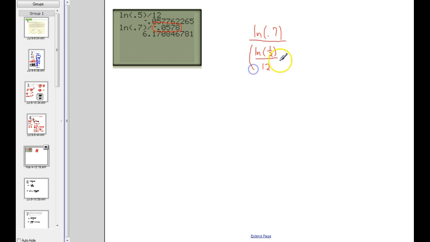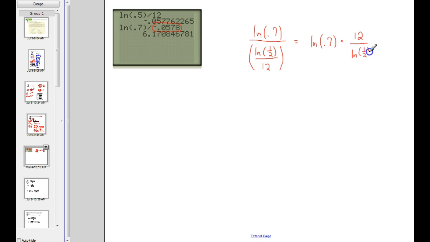All of that's the denominator. Now this is a fraction, so we're dividing by a fraction. So instead of dividing by this, I'm going to write it as the natural log of 0.7 times, remember how you divide by a fraction, you flip this thing and you multiply.